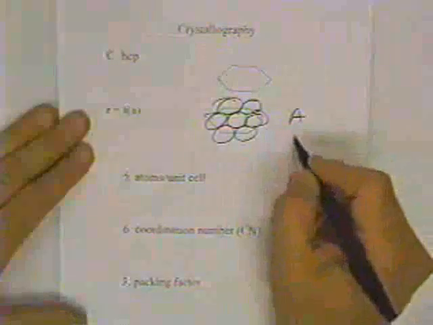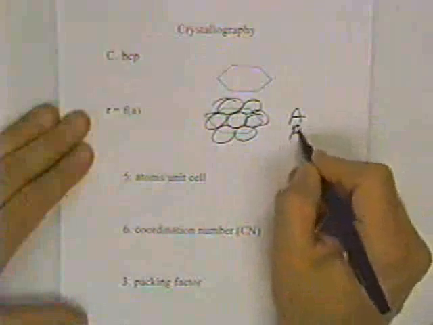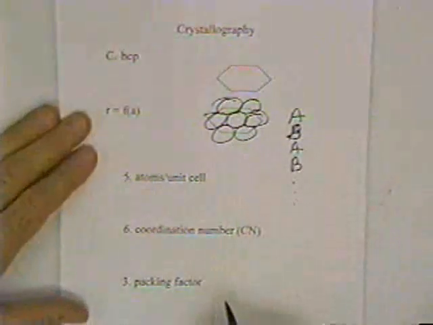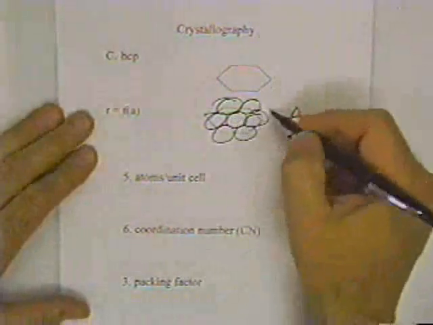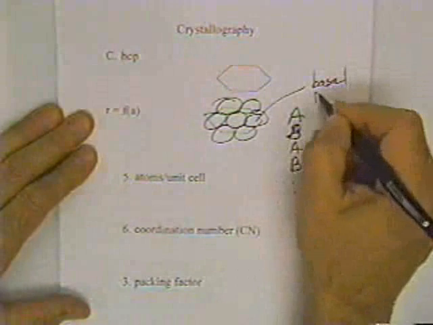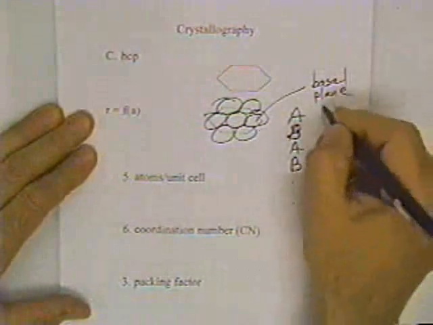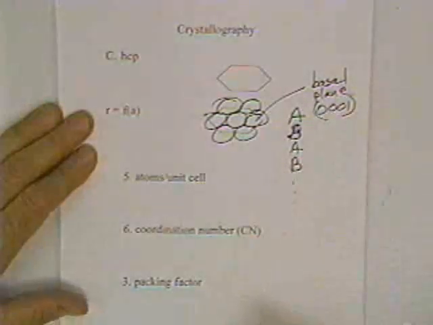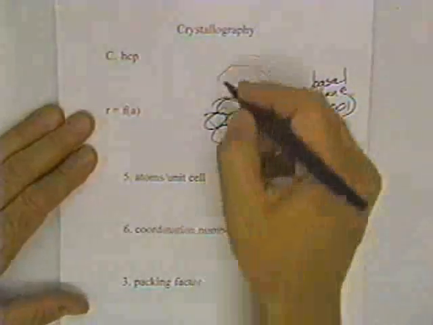However, the hexagonal close packed is stacked a little bit differently. It is stacked AB, AB on through space. So this particular plane is called a basal plane, and its Miller indices are 0, 0, 1, and it has 3 close packed directions.